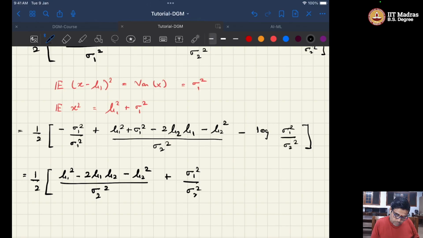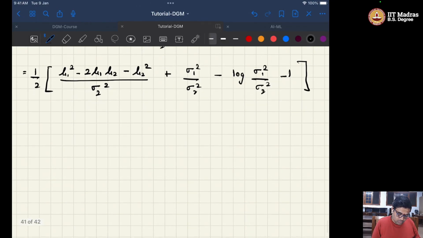Now what did I just do? I rearranged this and this. I took it as one term, and then this and this, and here, putting it here, minus log of sigma 1 square divided by sigma 2 square, minus 1.